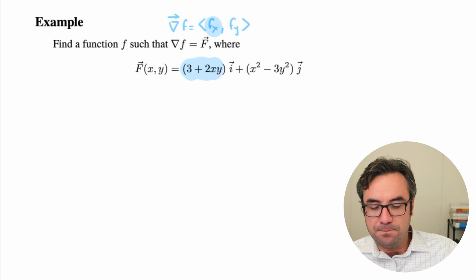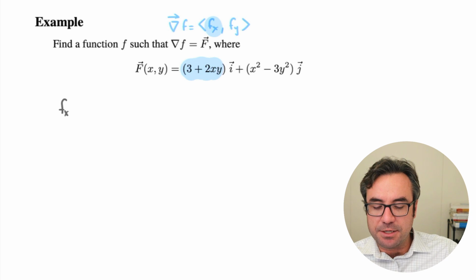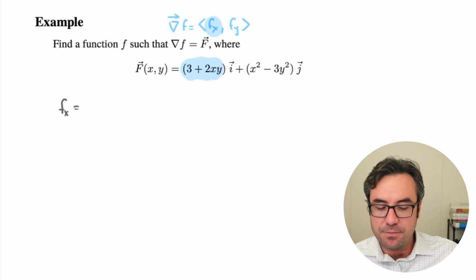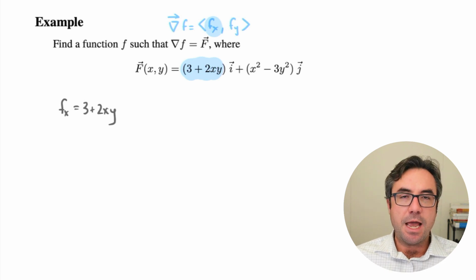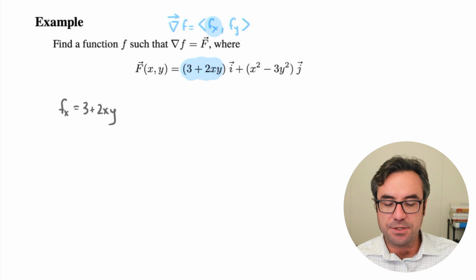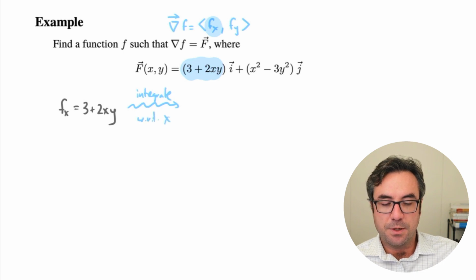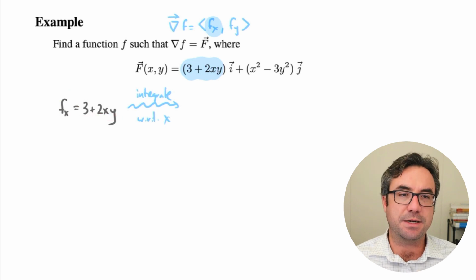So we're going to start with our x partial derivative, which should be 3 plus 2xy, and we're going to integrate this with respect to x. We want to undo that x derivative, so we integrate with respect to x.